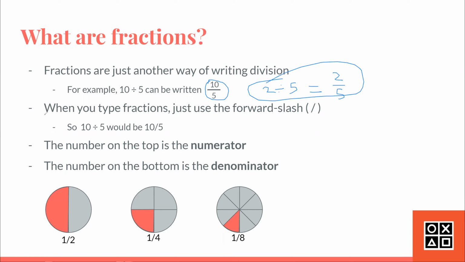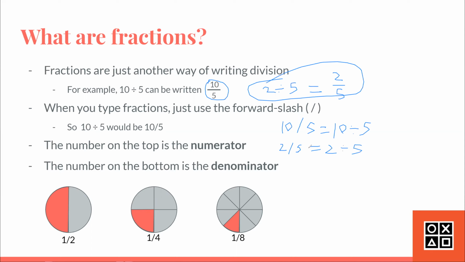So on a computer, when you type your fractions, you just use a forward slash, otherwise known as a slash, just like in the example. So this and this are equal, and then this and this are equal as well.